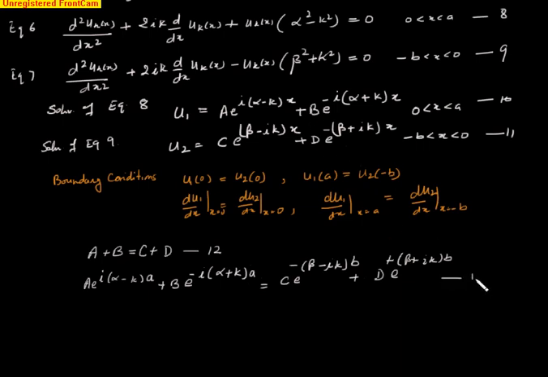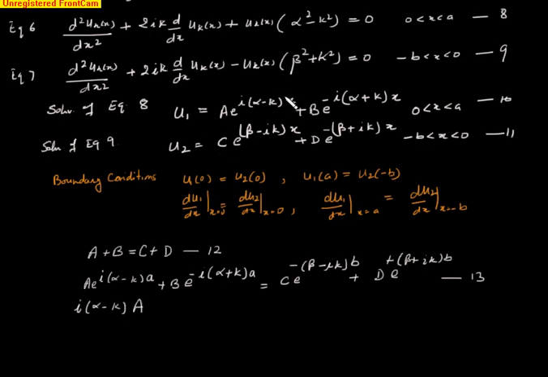Let us have this equation as 13. Now the 14th equation we will get by putting this value. For this I have to differentiate firstly this, and then I will put the value of 0. Differentiation of this will give me iα − k multiplied by this term, therefore I will get (iα − k) times a.